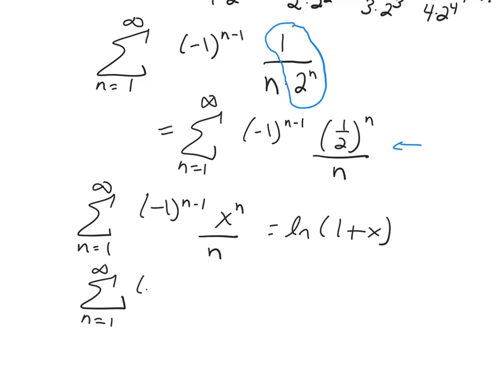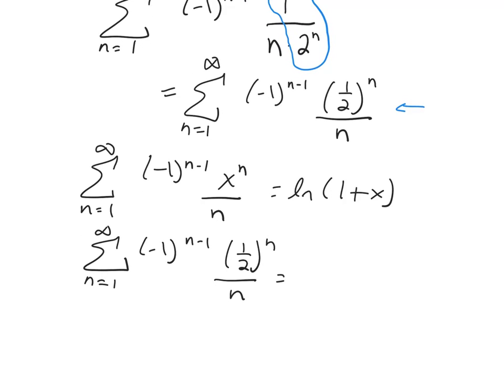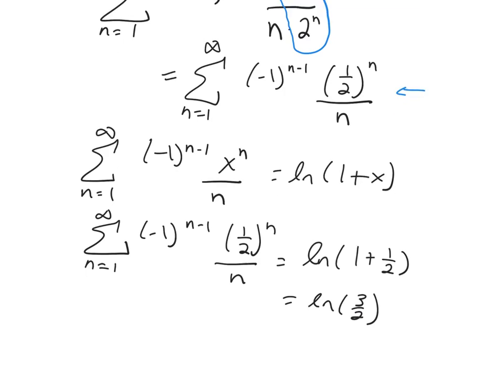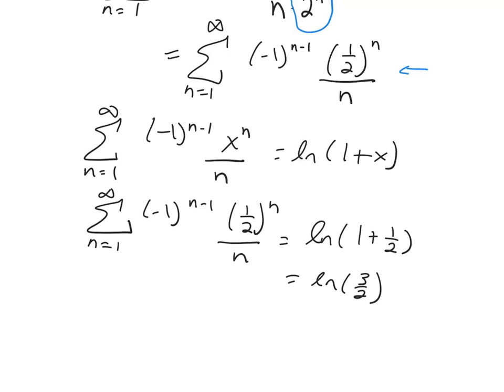into this, and we get exactly the series we're trying to find the sum of. But when I plug in 1/2 on the other side, I'm going to get ln of 1 plus 1/2, or ln of 3/2. So you secretly, not so secret, but you found the sum of the series.